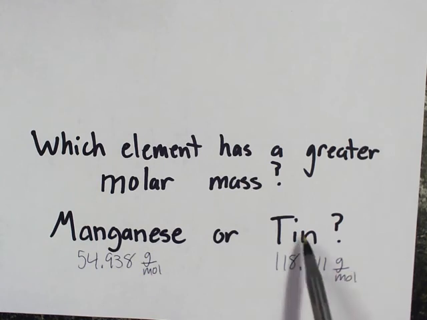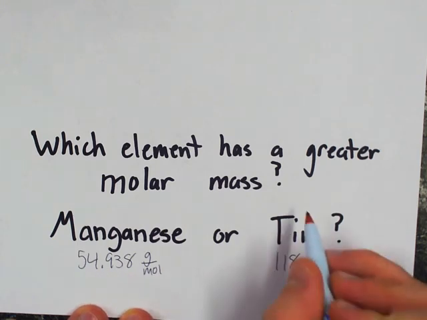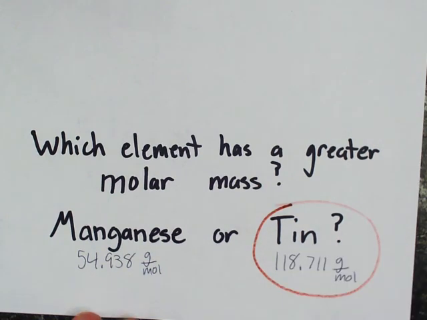It's the same thing: if I had a mole of tin atoms, the same number of atoms as this mole right here, just a different type of atom, they would have a mass of 118.711 grams. So we can easily see that 54.938 is not as big as 118.711, so tin is going to have the greater molar mass.